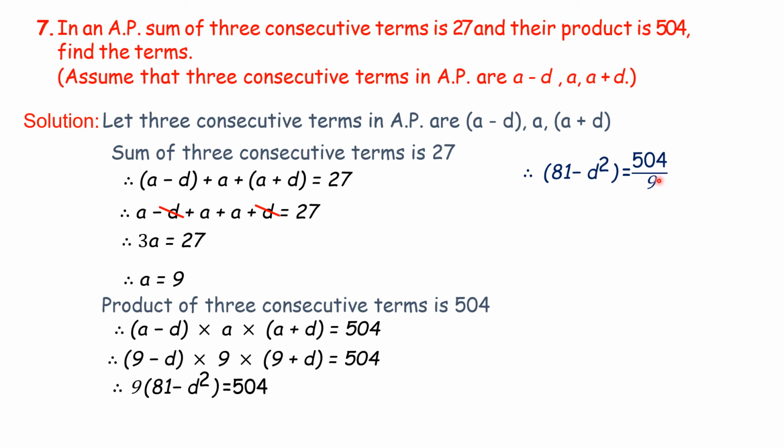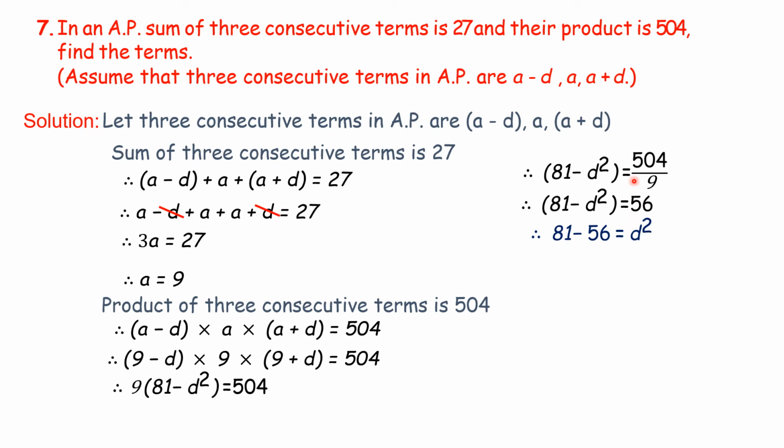9 fives are 45, 50 minus 45 remains 5, bring down 4, 54, 9 sixes are 54. Therefore the answer is 81 minus d square is equal to 56. Therefore 81 minus 56.